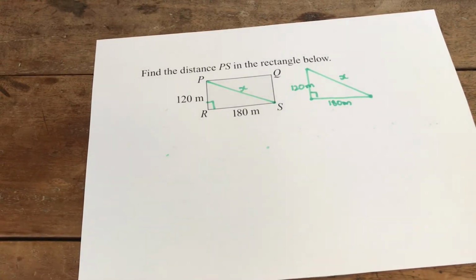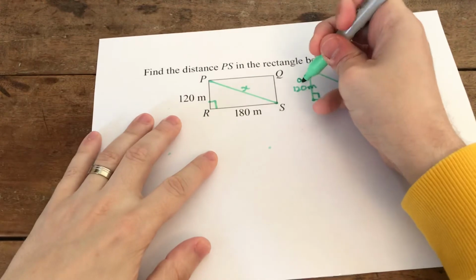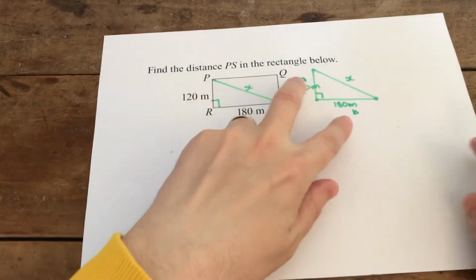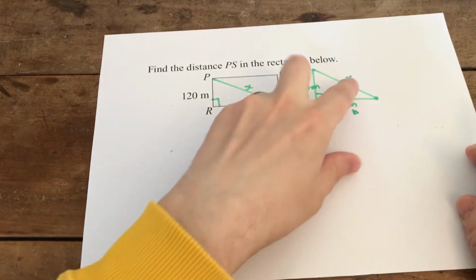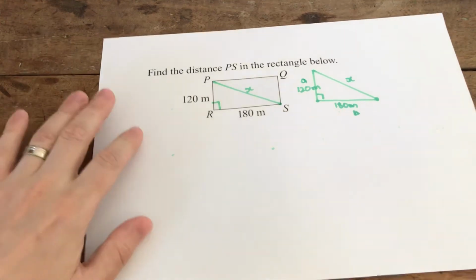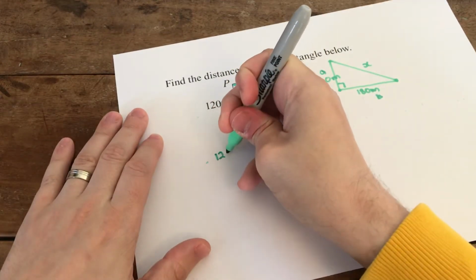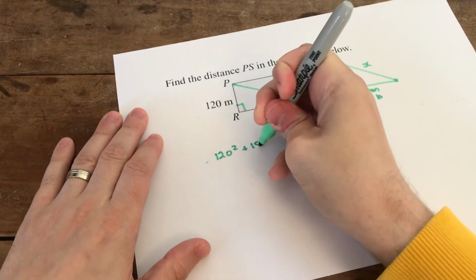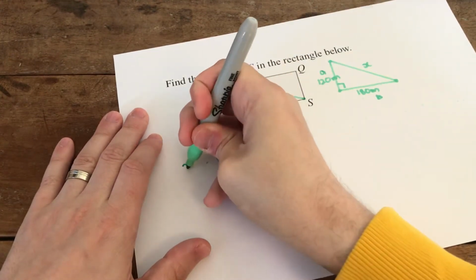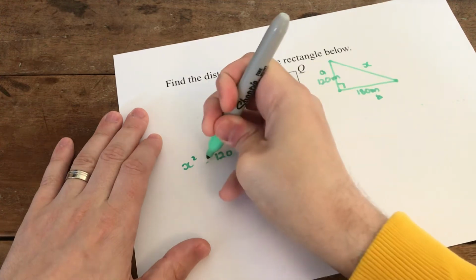So in this problem, again, we have got A and B, and we've got our longest side, which is X. So we're going to square these two sides and add them together to give the square of that longest side. So we do 120 squared, add 180 squared equals our X squared.